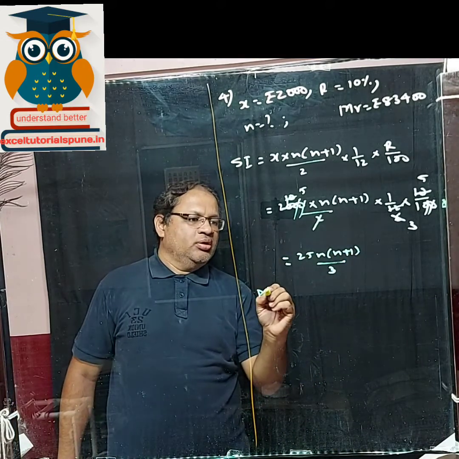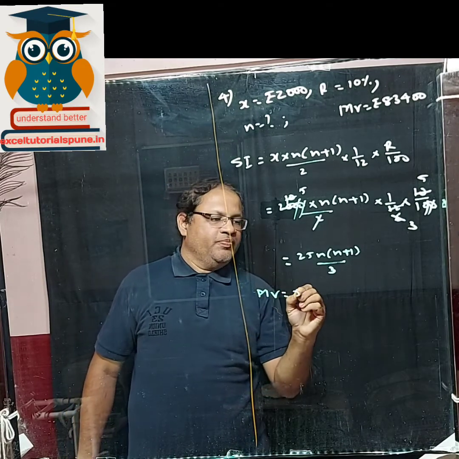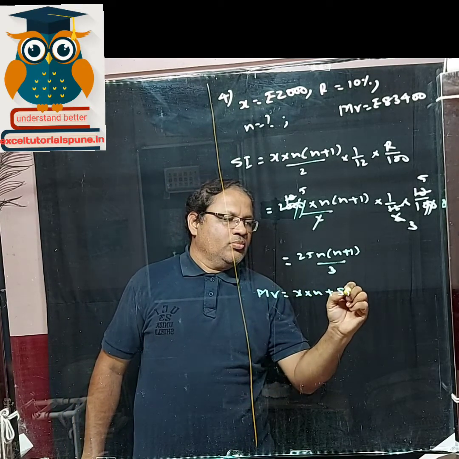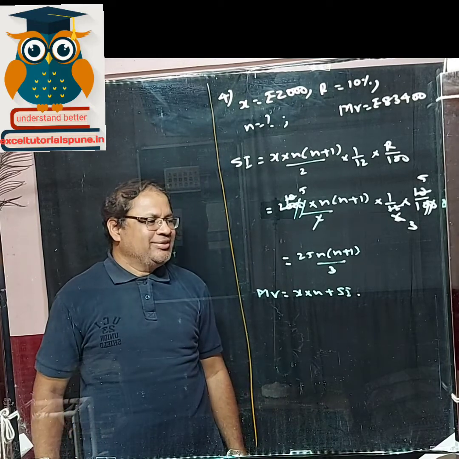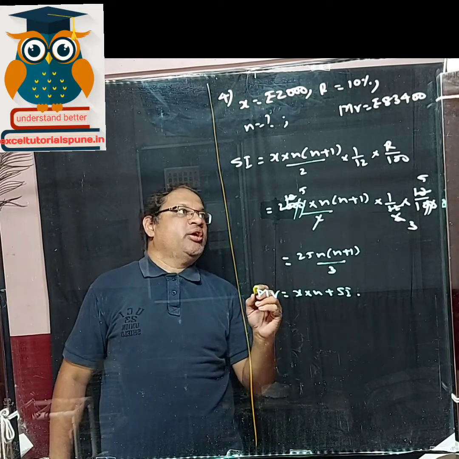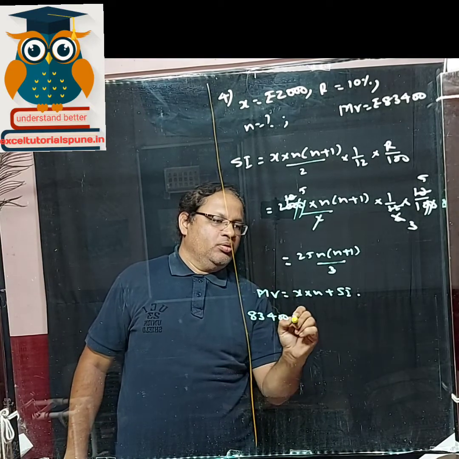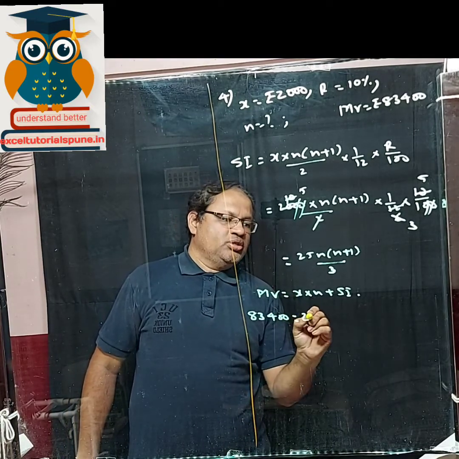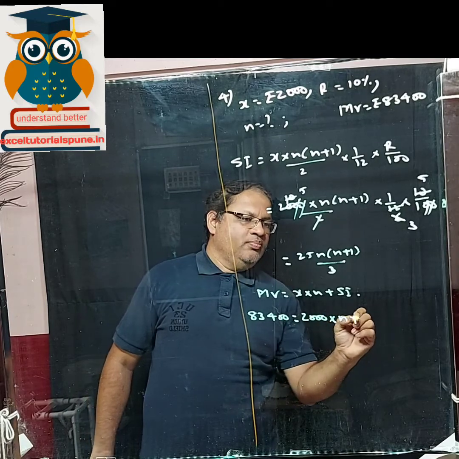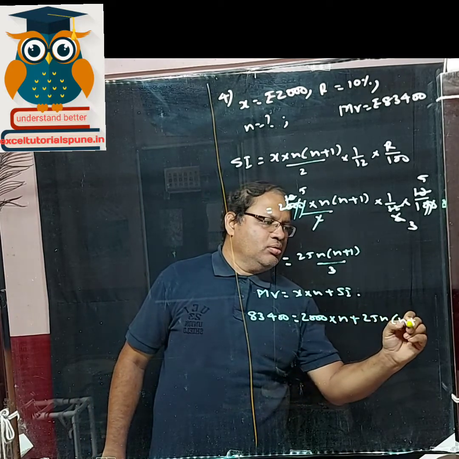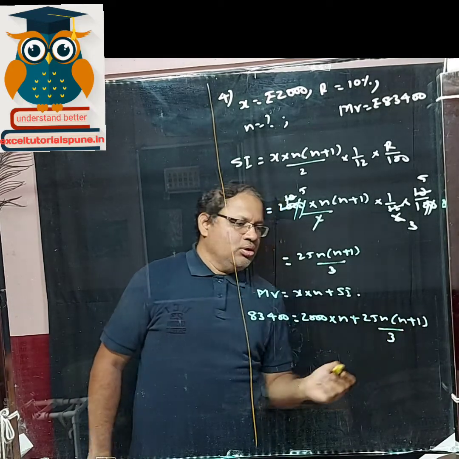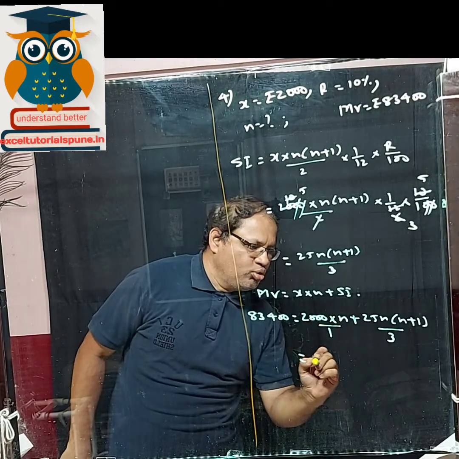Then the second formula, maturity value is equal to X into N plus SI. Maturity value they have given. X is 2000 into N plus SI. So now take the LCM.